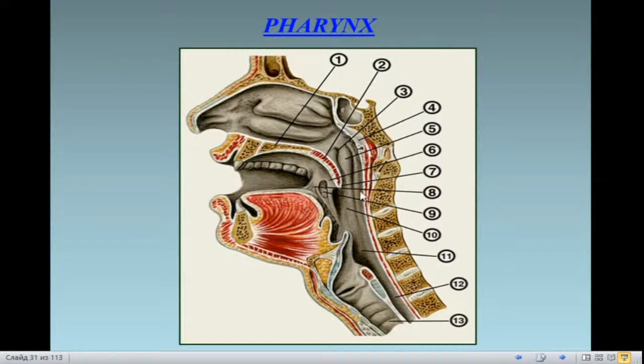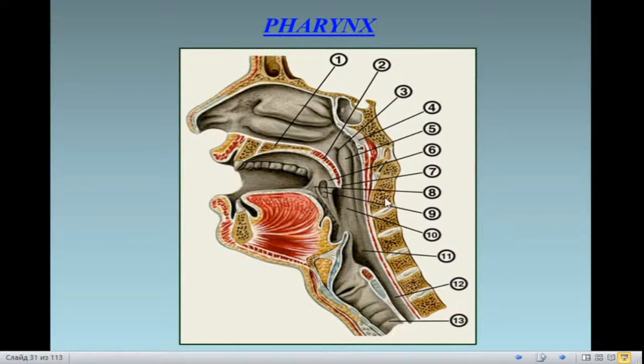The lining of the pharynx is the same as in all tubular organs because it's a funnel-like dilated tube, so it should have mucosa, submucosa, muscular layer, and adventitia.